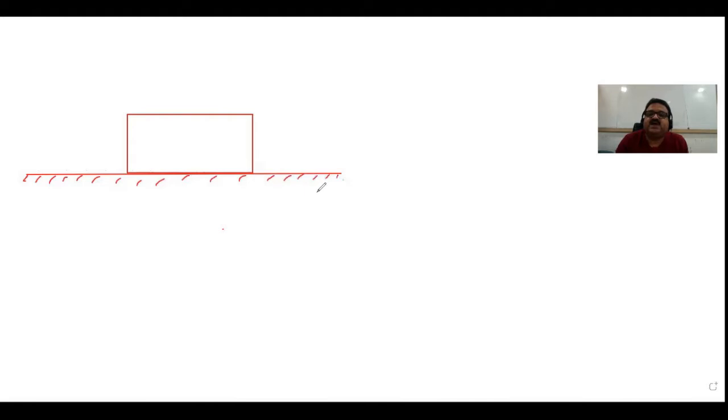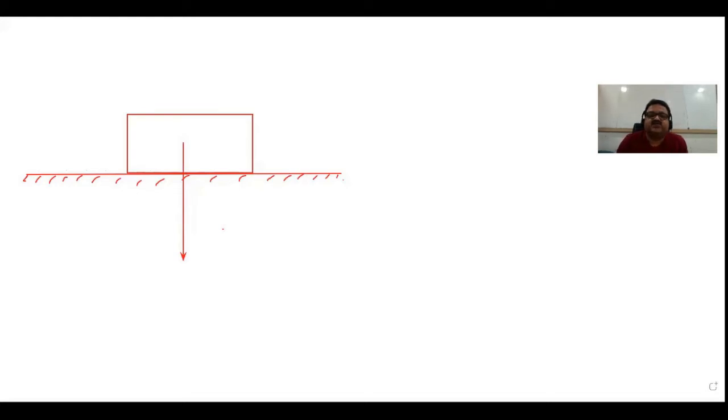Take this example first. So let us consider a case. A body is lying on the surface of the earth. Now, because of the mass of the body, earth is pulling this body vertically downward. And because of this force, this body is pressing the earth's surface.